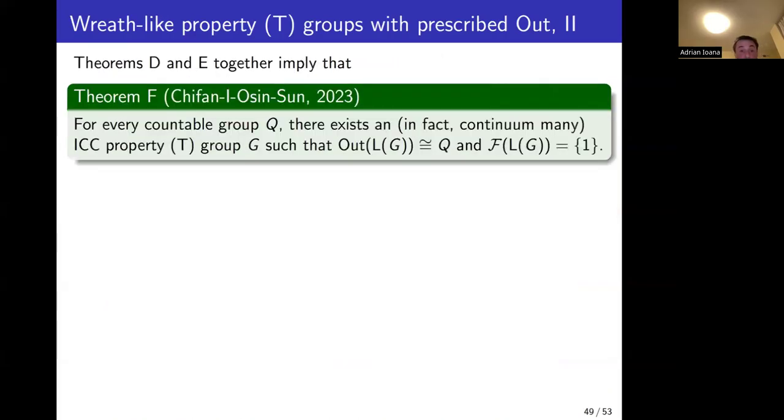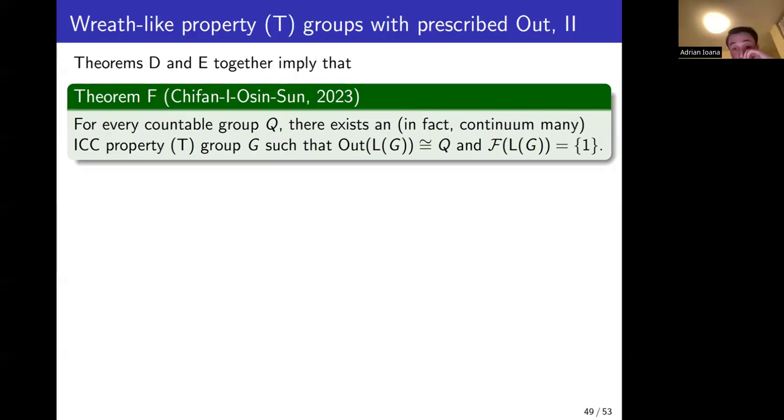So if we combine theorems D and E, they together imply the following result. So for every countable group Q, there exists, in fact, continuum many such ICC property T groups G, such that the outer automorphism group of L of G is isomorphic to Q, and the fundamental group of L of G is trivial.